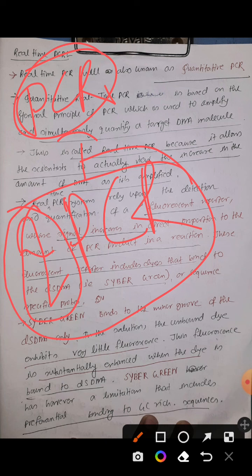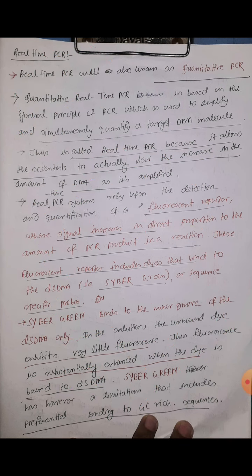But the additional step is, along with the amplification, we can also quantitate our target DNA molecule. That is the utility and the principle of qPCR. qPCR is based on the basic PCR technique, by which we can amplify and simultaneously quantify the amount of target DNA molecule. So that is the definition of quantitative real-time PCR.